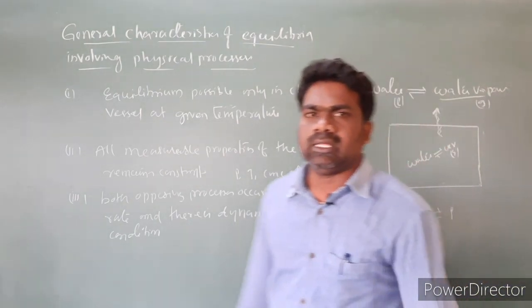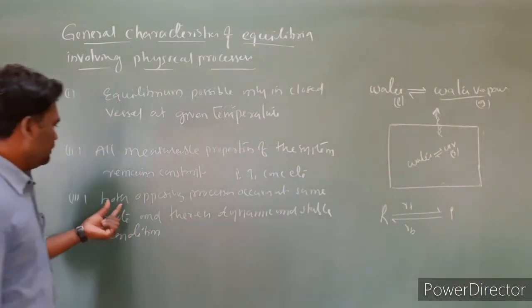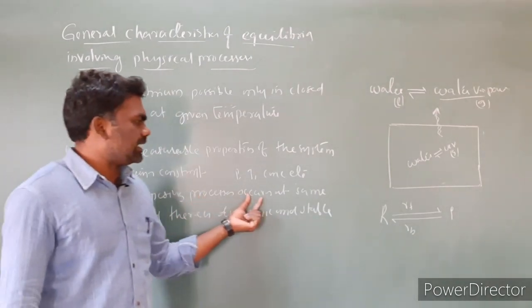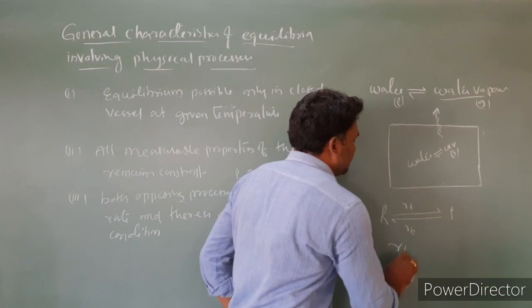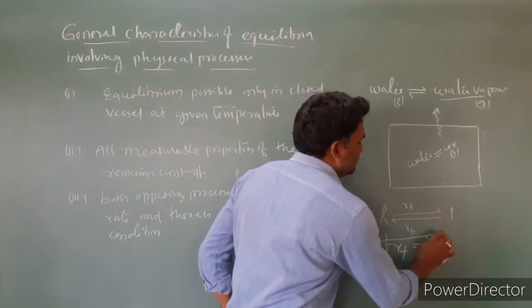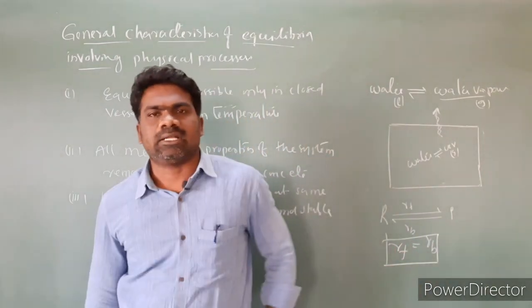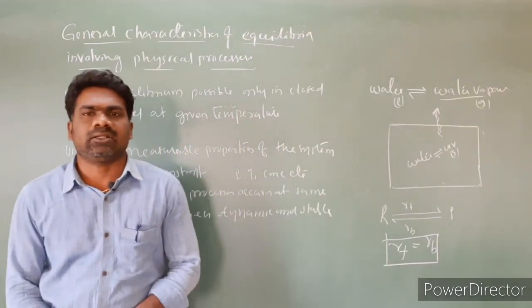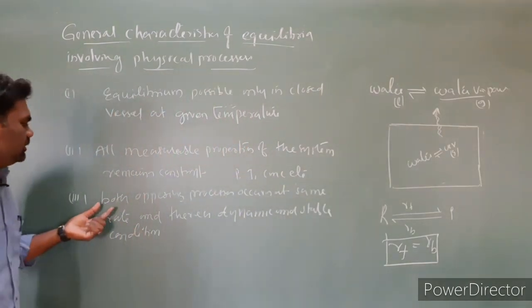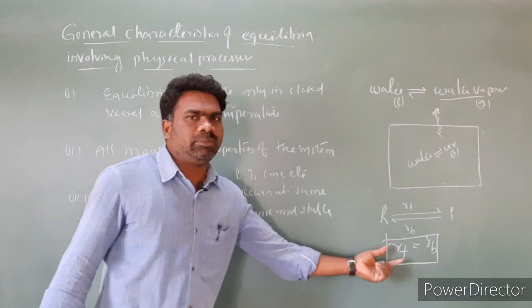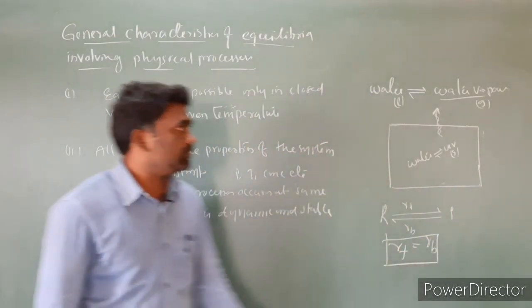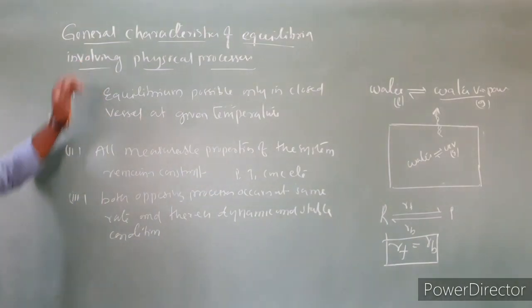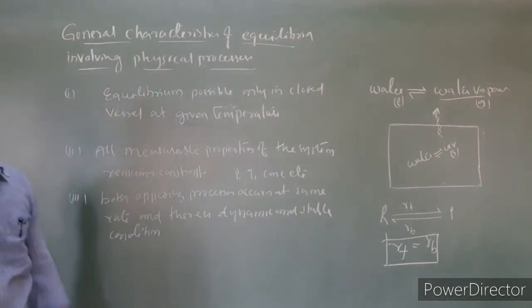Both opposing processes occur at the same rate, so the rate of forward reaction is equal to the rate of backward reaction. This is the meaning of the third statement. That means there is a dynamic equilibrium. So these are some general characteristics of equilibria involving a physical process.